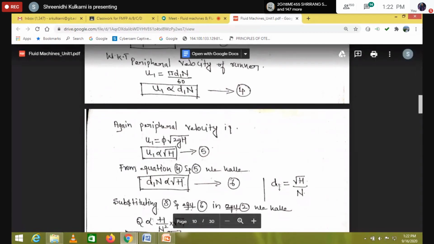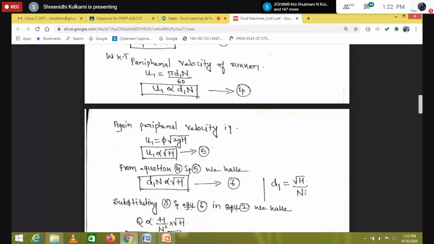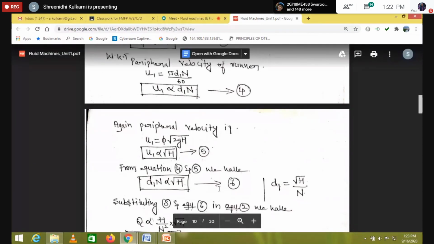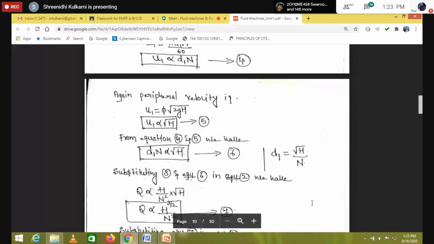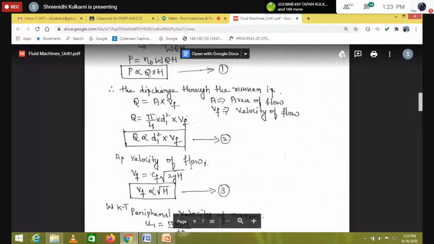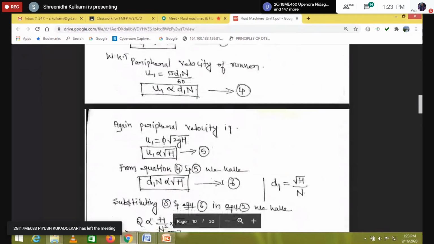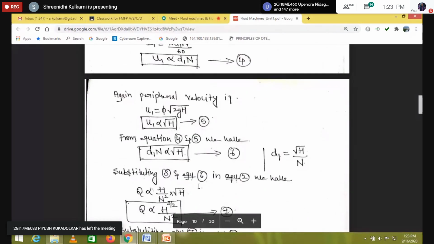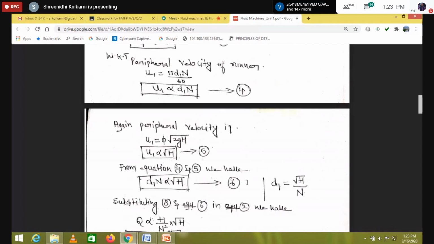So further we can write what D is. D is root h by N. Where we can substitute all this: equation 3, this is equation 3, and the next equation, equation 6, we are going to substitute in equation 2.